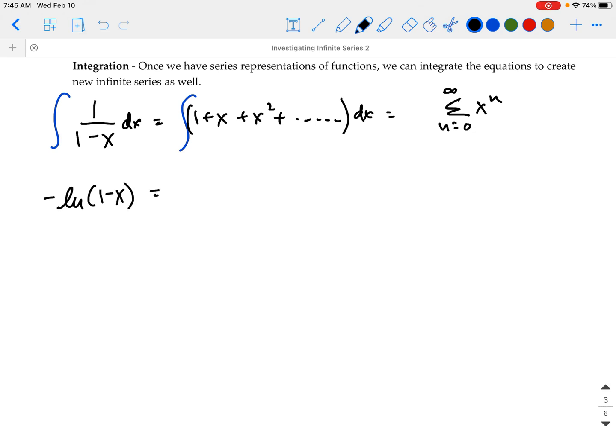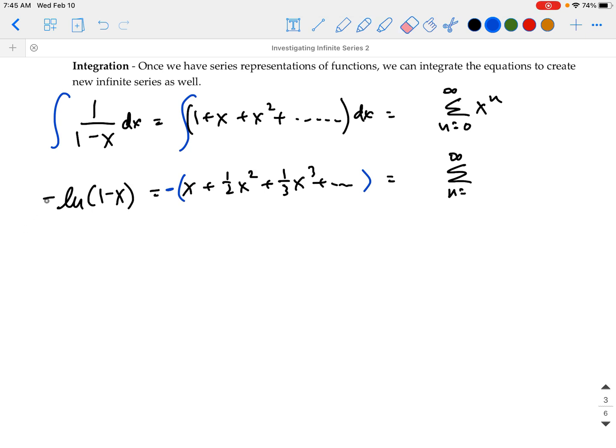is something interesting. So we'll get negative ln of 1 minus x, and then we'll have x plus 1/2 x squared plus 1/3 x cubed, etc. And then we can think about what our series is going to look like. Now we'll probably want to move that negative sign.